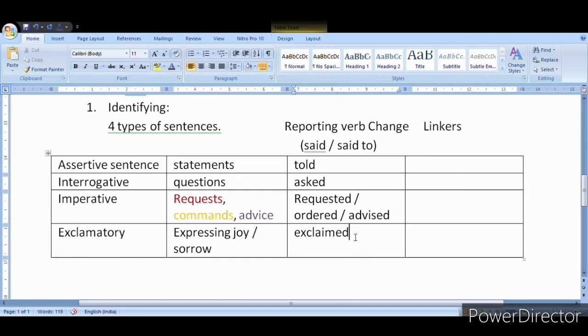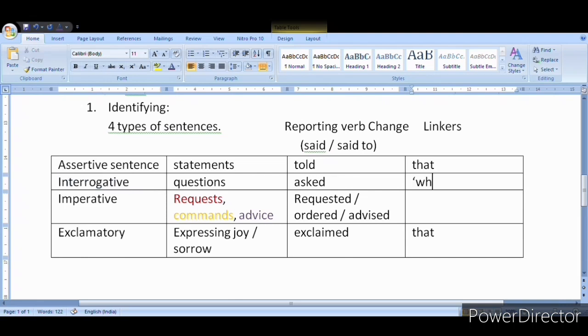Now see the linkers. In the third step, we have to replace the comma and quotations with the linkers, the conjunctions. So what conjunctions do we have to use? First, assertive, that is normal statements, and also exclamatory sentences should come with the linker that. For interrogative, you know very well the questions will be of two types, that is WH questions and yes or no questions.